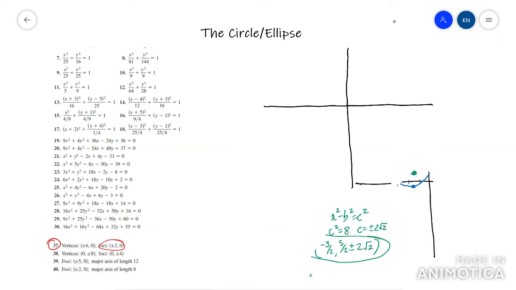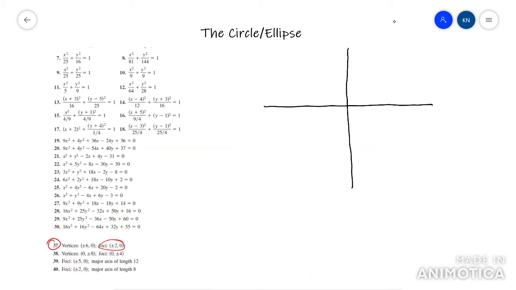So by giving me these foci at plus minus 2 comma 0, they just told me that it was a horizontal ellipse.